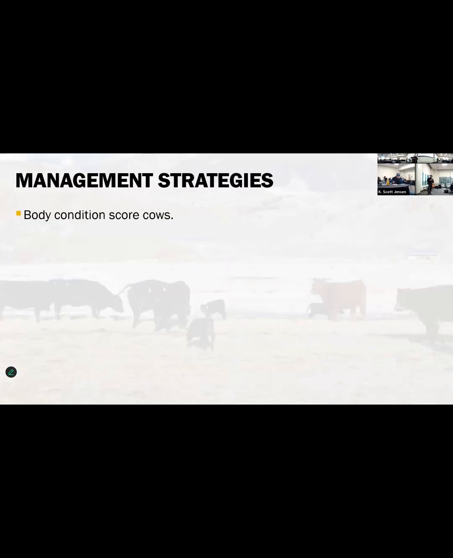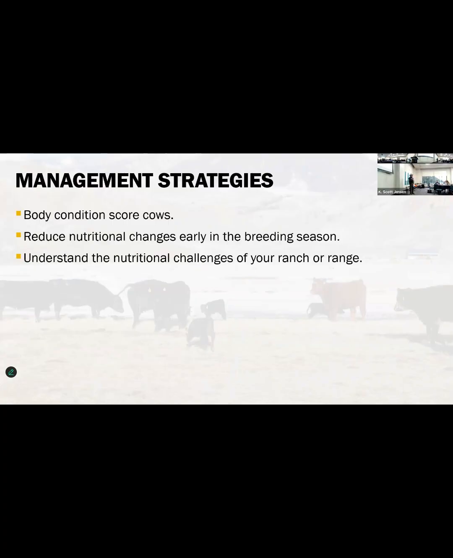So some take-home messages: body condition score of those cows. It's easy to do. If you need a primer, you need a refresher on that, just give us a call. Your county extension educator will get you hooked up with some information. Remember to reduce those nutritional changes early in the breeding season and understand what your nutritional challenges are on your ranch, whether it's taking hay samples like Sawyer talked about, or understanding your range and your grazing.